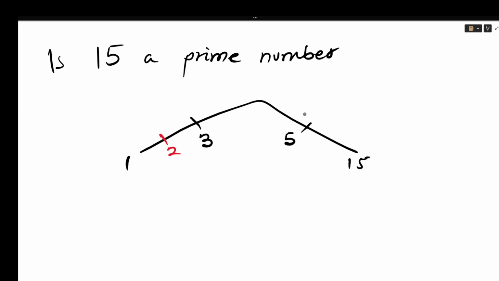So mostly, even in finding whether a number is prime or not, if you get more than 2 factors, you don't have to continue to list the remaining factors. Because what we are looking out for is, when I take the 1 and the number itself out, whether we would find any number in between.